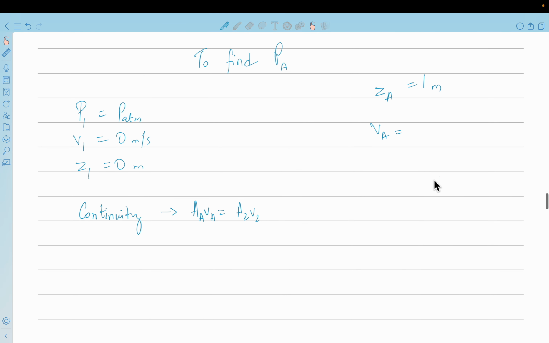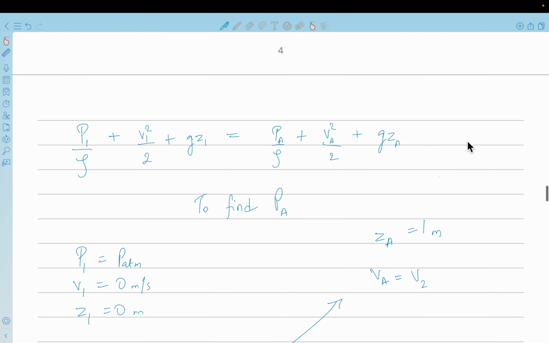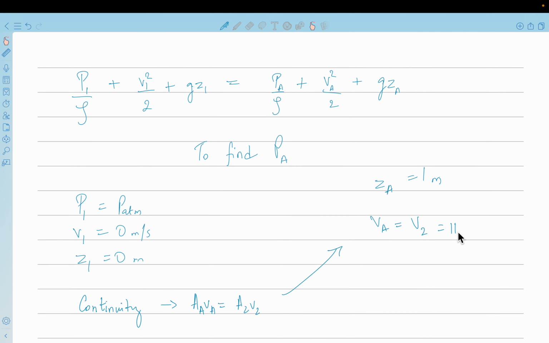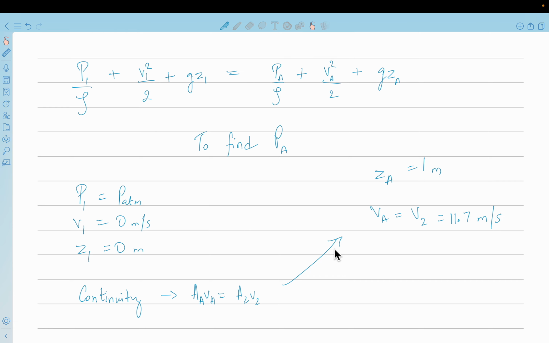So VA is equal to V2 from the continuity equation, which was 11.7 meters per second. So now please plug in all the values and tell me what is PA.